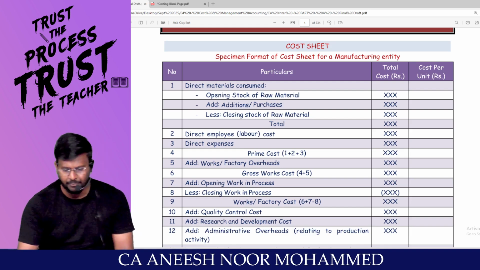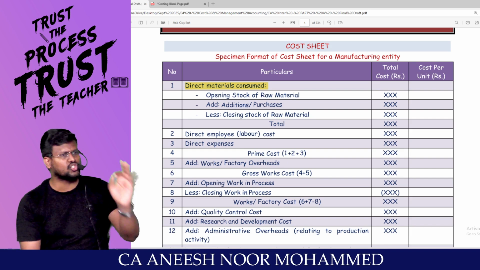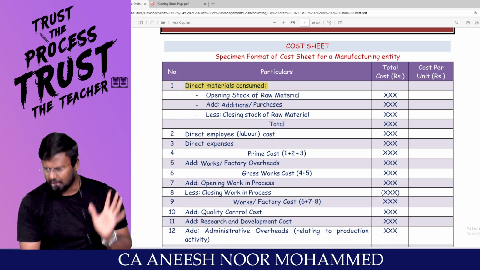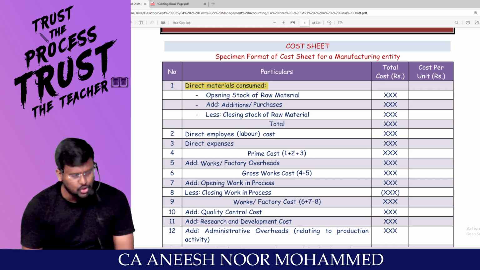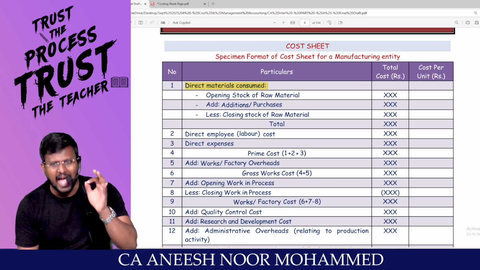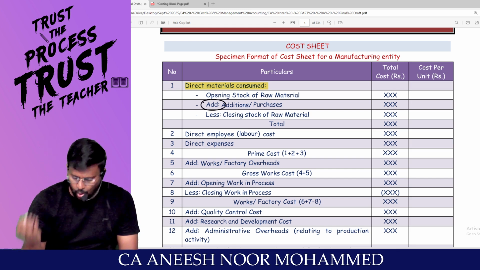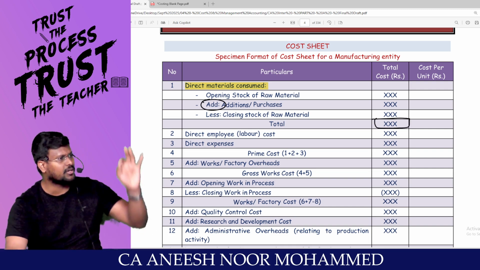So the first element of cost in the cost sheet is the direct material consumed. What is direct material consumed? Opening stock of raw material, add additions or purchases, minus closing stock of raw material. I will get the raw material consumed.